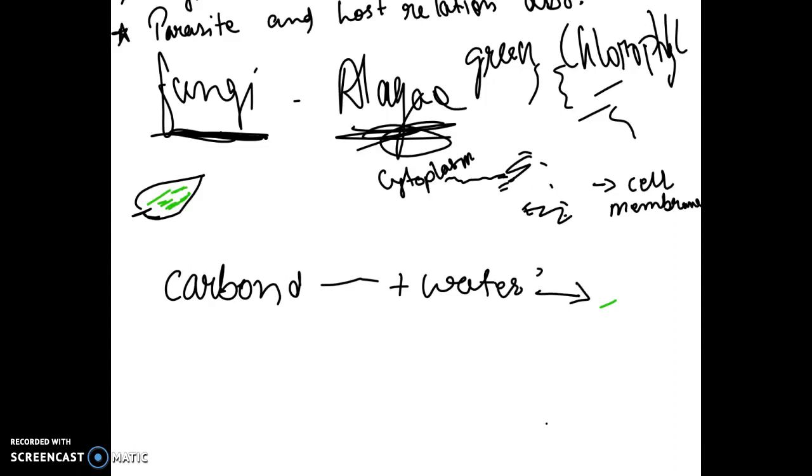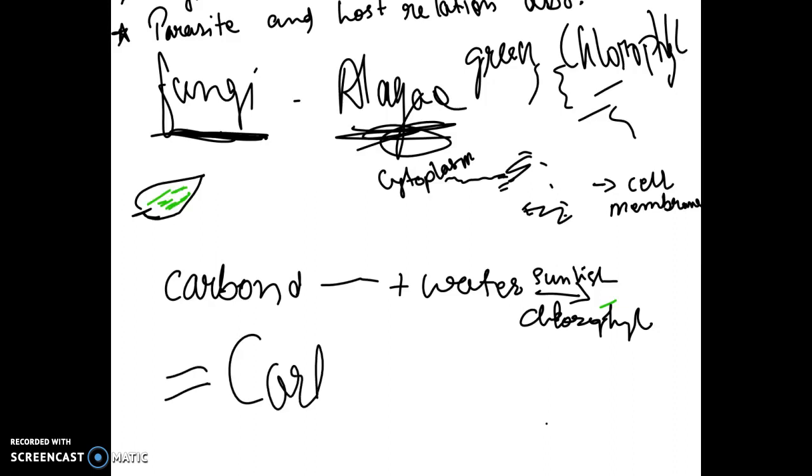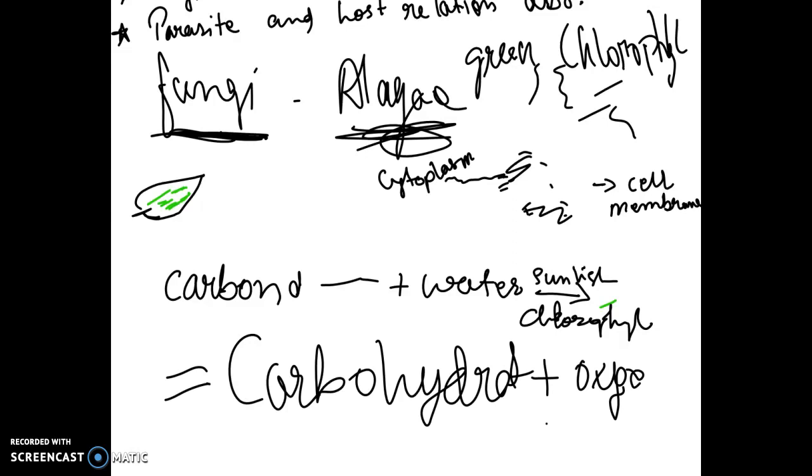Water along with sunlight and chlorophyll. This is the equation. It gives carbohydrate and oxygen, because when photosynthesis is going on, oxygen is released into the air. The main source of oxygen is plants. If plants are not there, we will not be able to survive.